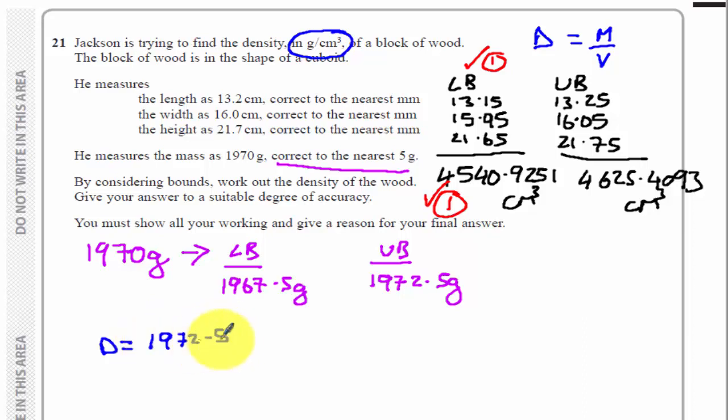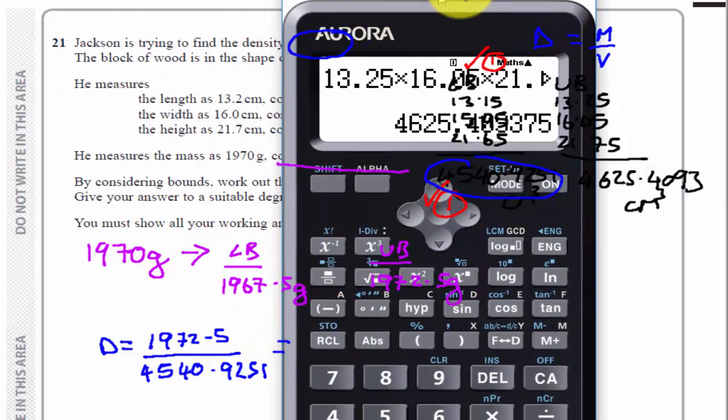That's the greatest mass this cuboid could have had, divided by the smallest volume, this one here, 4,540.9251. This will give me the maximum possible density.